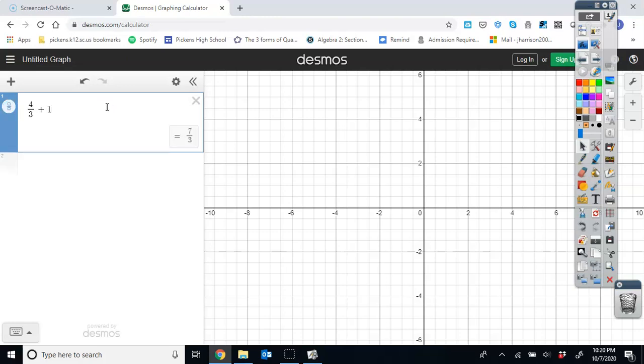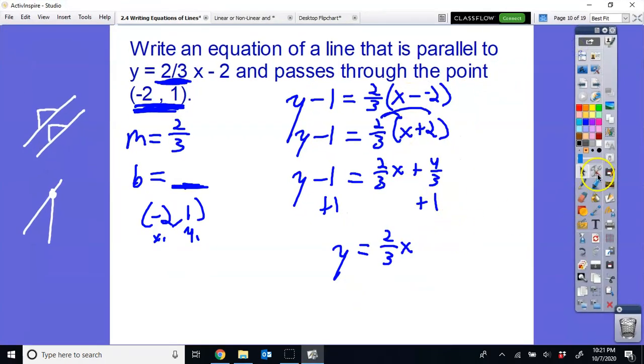That gives me 7/3. Yes, as a decimal, that is 2.33. And the decimal will become important when we actually start talking about the graphs of these and trying to graph this. That decimal may help you a little more for this number, particularly. Not for the slope, though. Remember, the slope is that whole rate of change, the rise over run, what the line is doing across the graph.